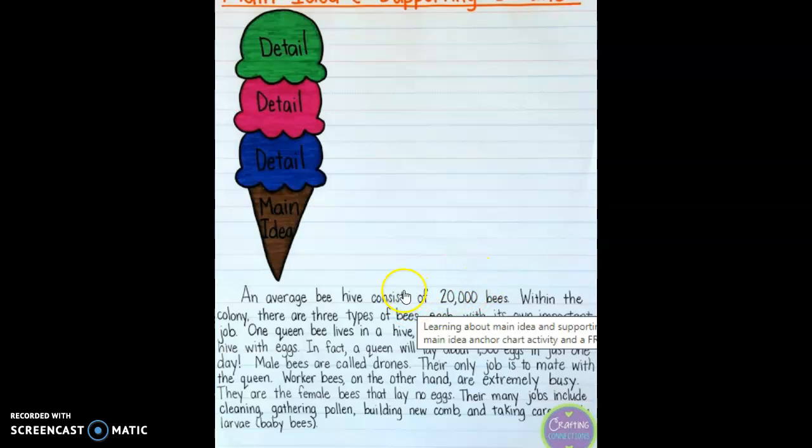So within our first two sentences, we are given the main idea. They tell us that there are three types of bees, and they each have their own important job. So that is our main idea. The supporting details that are going to back up that main idea are going to be each type of bee.